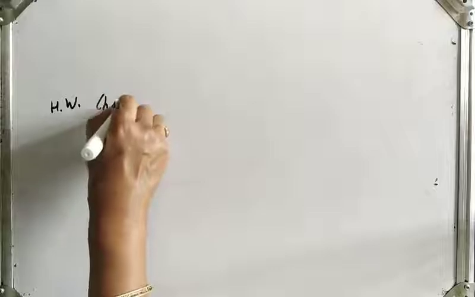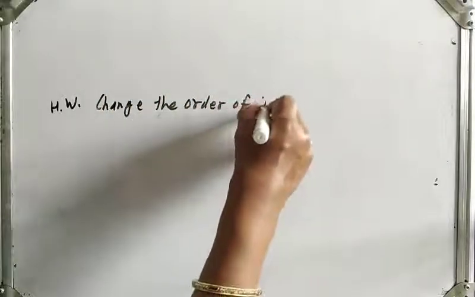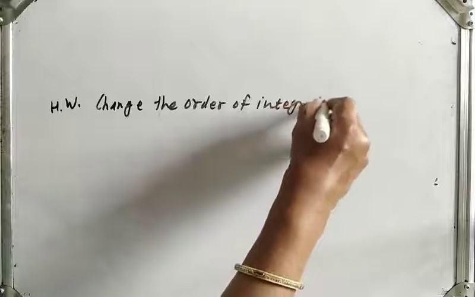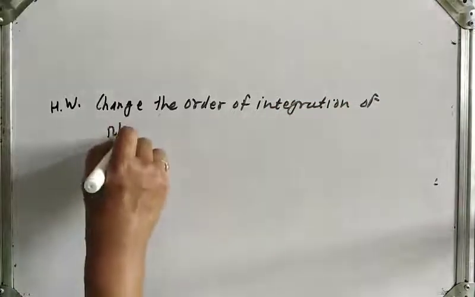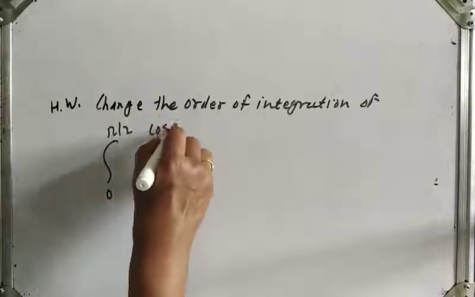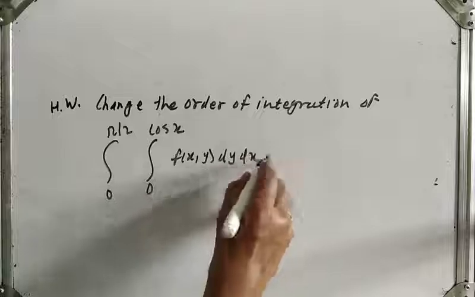Change the order of integration of the integral from 0 to pi by 2, 0 to cos x, f of x y, dy dx.